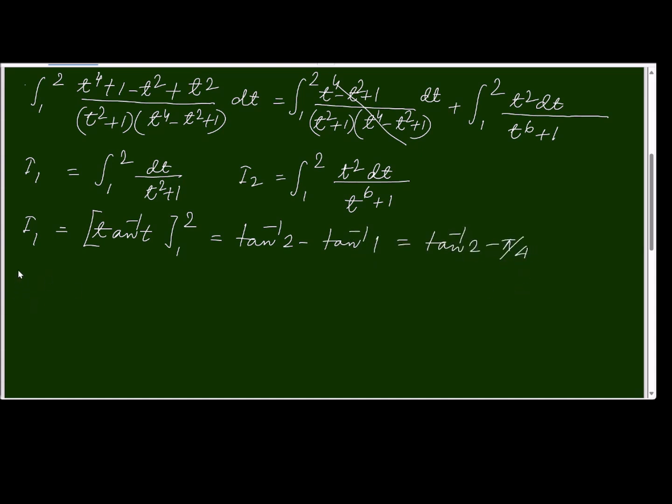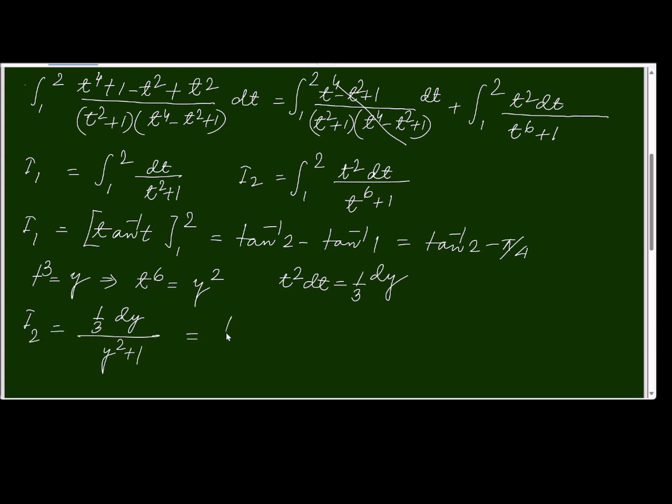For integral 2, I'll take t^3 as y, then t^6 equals y^2, and 1 by 3 t^2 dt. t^2 dt will be 1 by 3 dy. So I2 will be 1 by 3 dy over y^2 + 1.